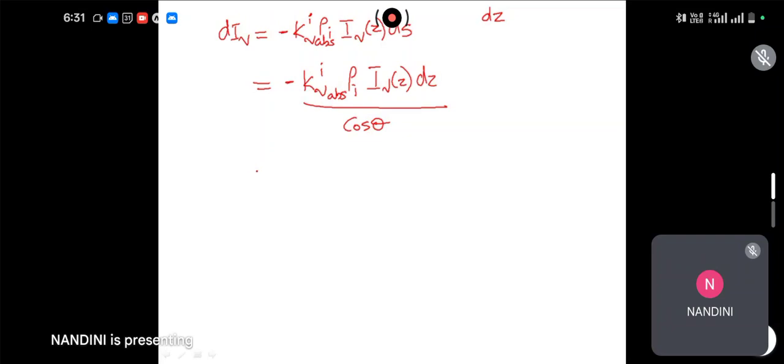Now we can introduce another term. Rho I is the partial density of the absorbing species.